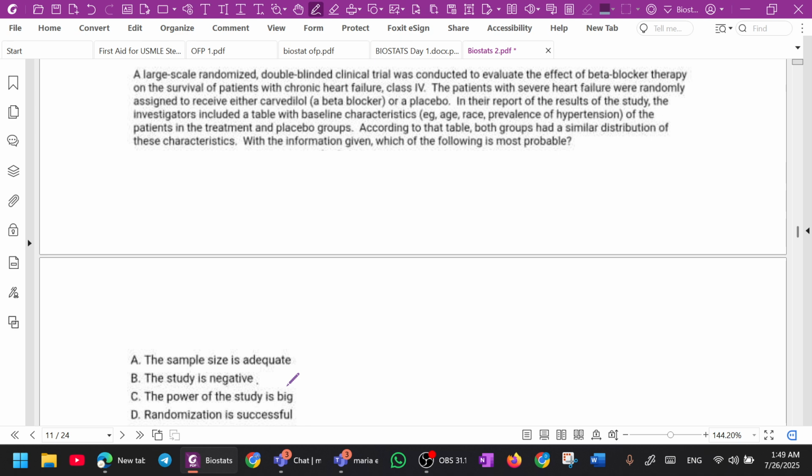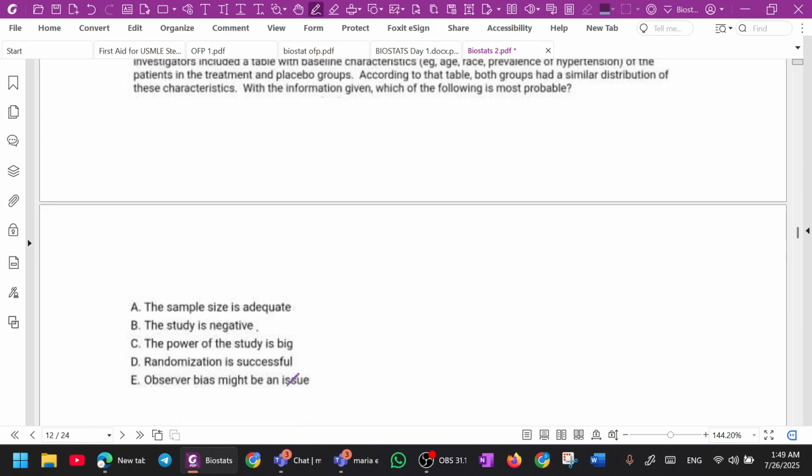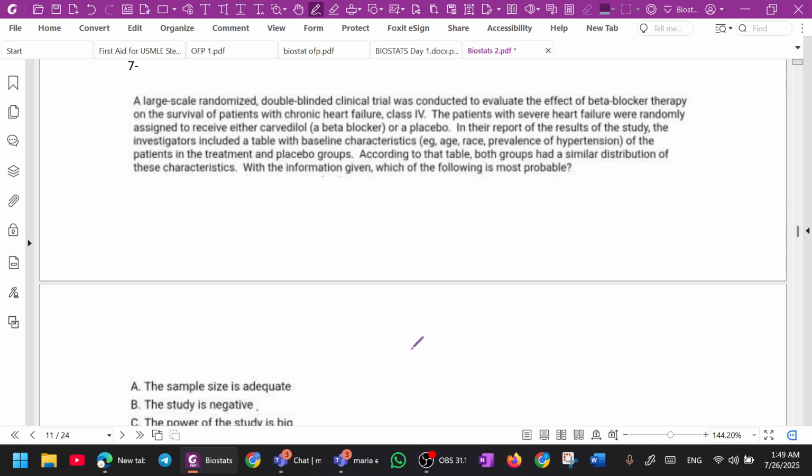In their report of the results of the study, the investigator included a table with baseline characteristics, age, race, prevalence of hypertension of the patients in the treatment and the placebo group. According to the table, both groups have similar distribution of these characteristics. With the information given, which of the following is the most probable?